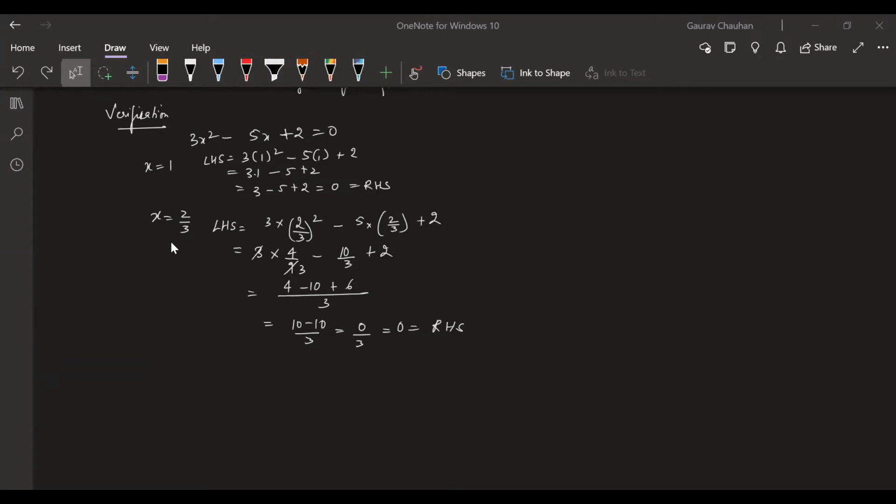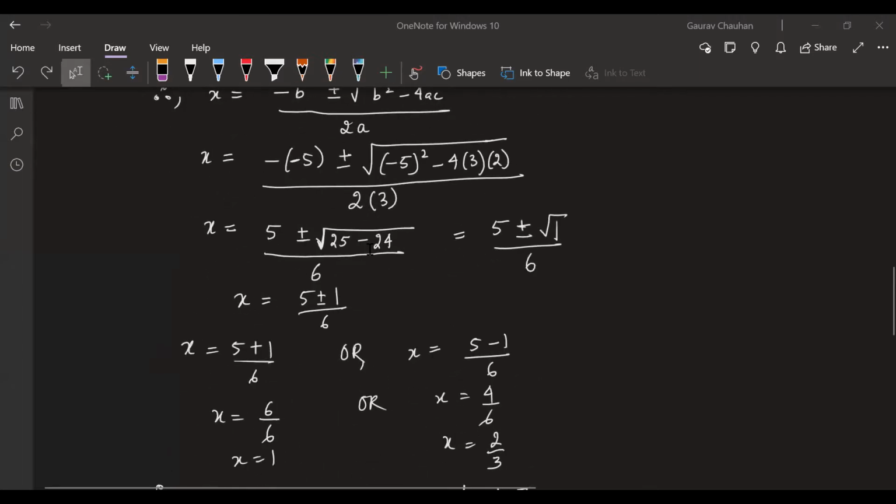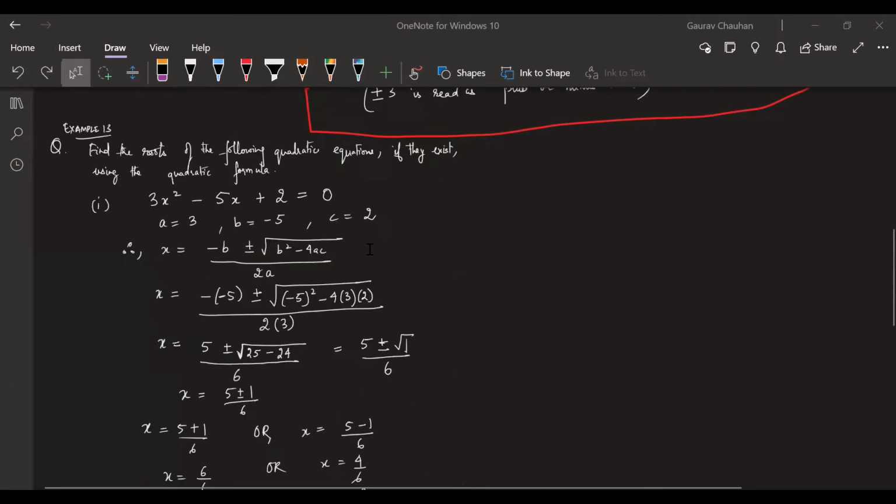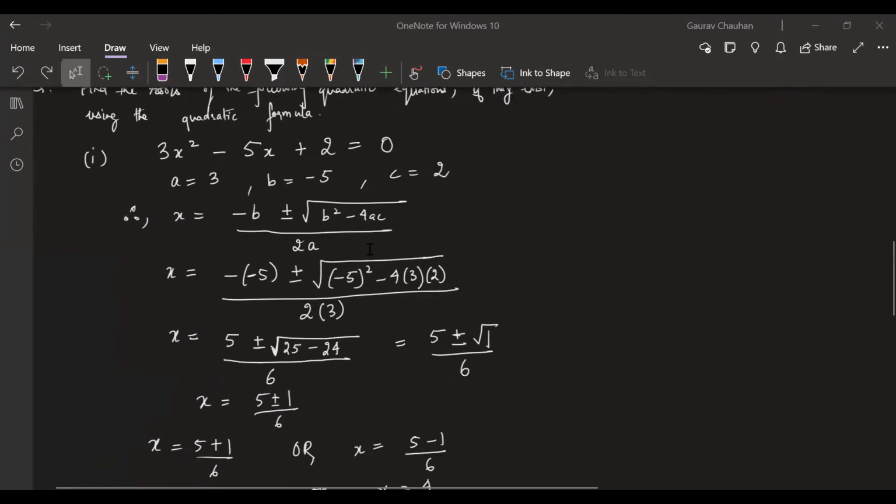I want you to pay close attention. See, I am doing everything together here. It's not necessary to do everything together in one place. If you're feeling the number is too big, you find root over b square minus 4ac separately.